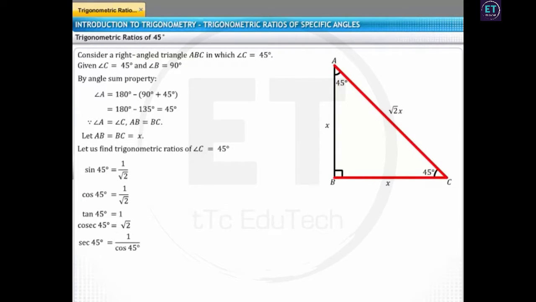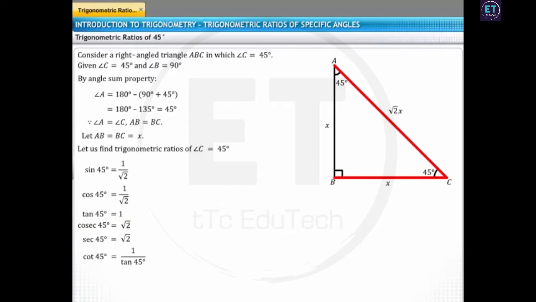Sec 45 degrees is equal to the reciprocal of cos 45 degrees. Thus, sec 45 degrees is equal to root 2. Note that sine 45 degrees is equal to cos 45 degrees and cosec 45 degrees is equal to sec 45 degrees.